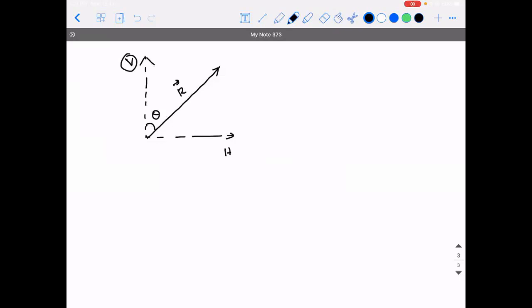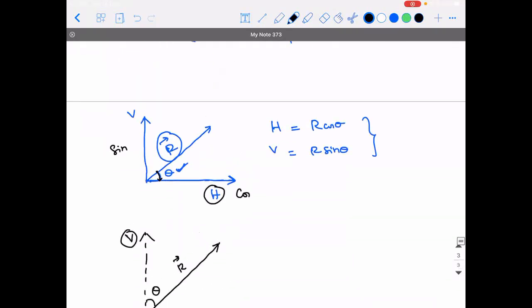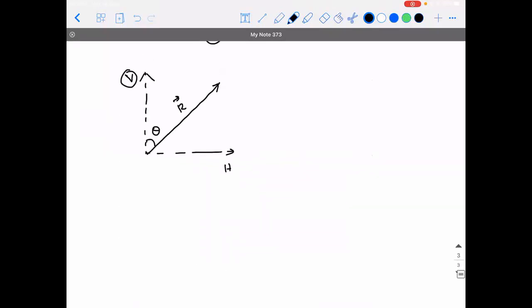They're still horizontal and vertical components. But in the first case, the horizontal component was cos theta, whereas in the second case, this will be cos theta and this will be sin theta. Guys, are you able to understand the difference? Yes, sir. So wherever theta is there, that component will take the cosine function.